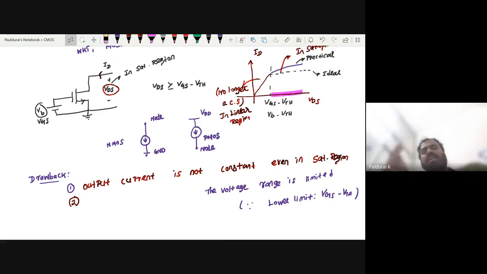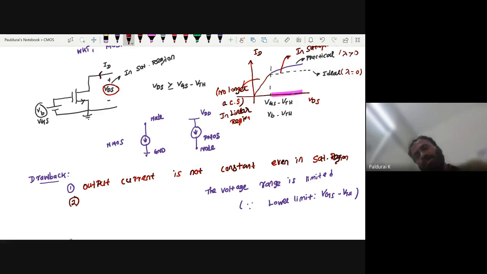Actually, what we are saying is that in the saturation region, NMOS or PMOS acts as a current source. But what is the condition? If lambda equals 0, correct? Here lambda is actually greater than 0. If lambda equals 0, then you will get the ideal response, but it is not possible practically. So we have to work with lambda greater than 0. Greater than 0 means that because of channel length modulation, the output current increases, nothing but the slope increases, correct? So that's the first observation, first drawback.